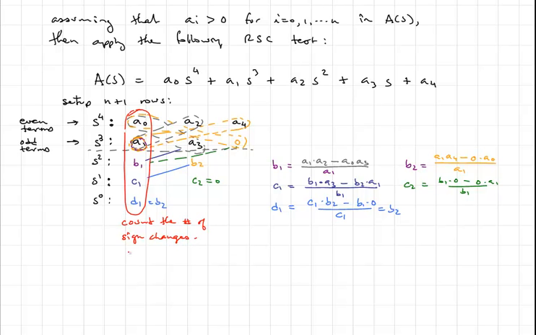The number of sign changes equals the number of roots having positive real parts.